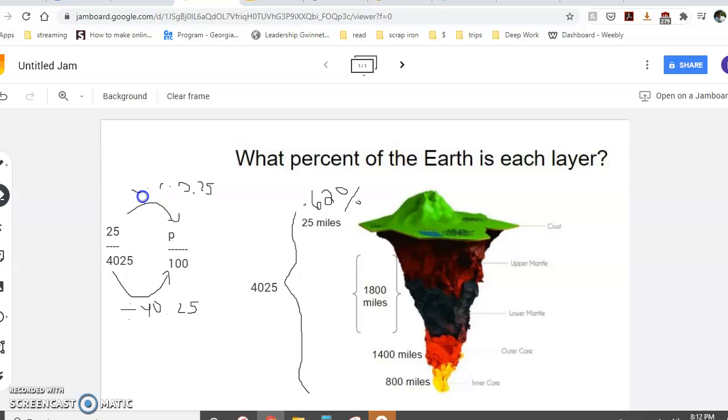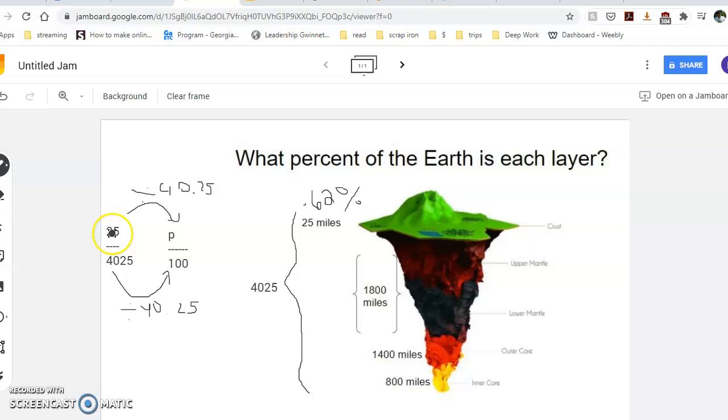I think this is the eraser. Oh, I still need that actually. I don't need to erase that. So all I have to do now, I really set up the same ratio for all these other ones, except instead of being 25 out of 4,025, the mantle is just a different numerator, right? So that was the crust, and I can just change this numerator. Oh, that's not doing what I want it to do. Hang on.